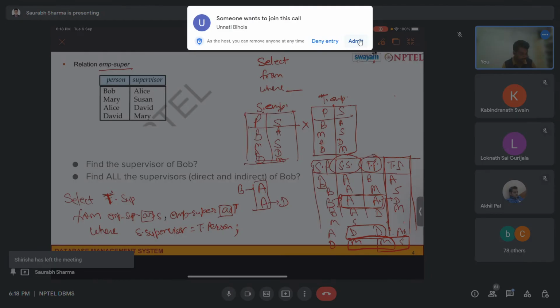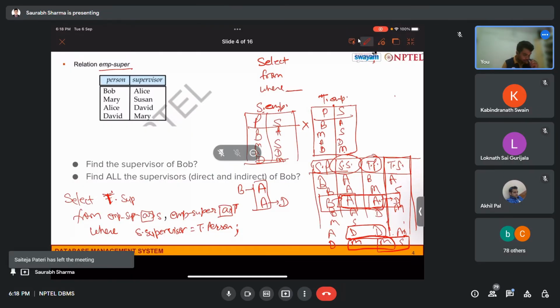We went B to A here, and A to A, then A to D. Then we are at D. Now what do we want? If D is a person, then who will be its supervisor?